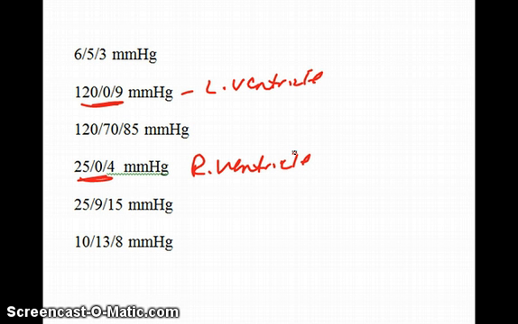And then here we've got your normal artery, 120 over 80, so that's got to be aorta. And your normal pulmonary artery is like 25 over 10, so that's got to be pulmonary artery.